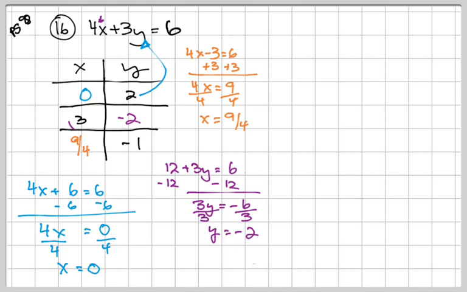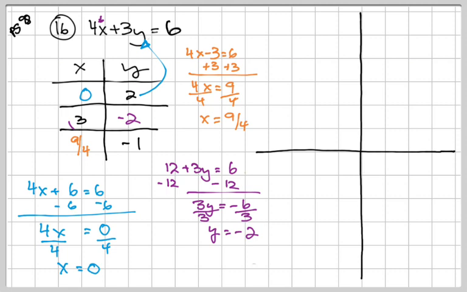Yes, sometimes you can get fractions here. Now, if I graph them, which I'm about to do, then I usually change these fractions into a decimal because that gives me a better way of plotting the point.